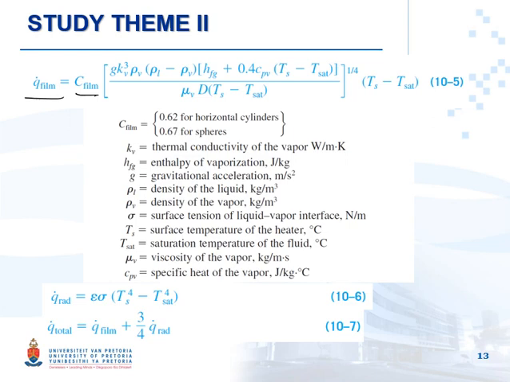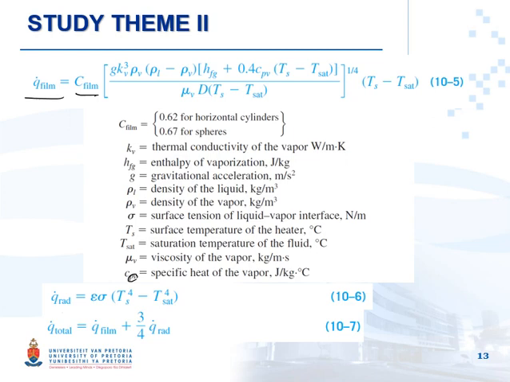Just think about it: when we say specific heat of vapor, if you read it for liquid, everything will be wrong. So give detailed attention to these thermophysical properties that you are reading from the table. Make sure that you read them at the right temperature and the right values.